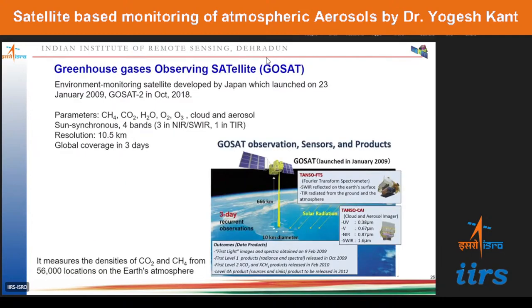GOSAT is a Japanese satellite. This is the Greenhouse Gases Observing Satellite, and it was launched in 2018. Apart from different trace gases, it also measures the aerosol. So I'm showing you all the freely available open source satellites through which you can get the aerosol data or aerosol product.